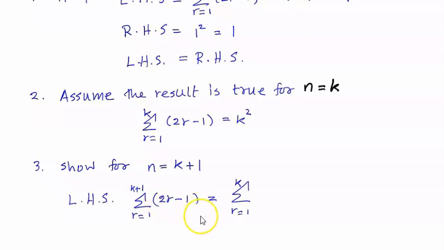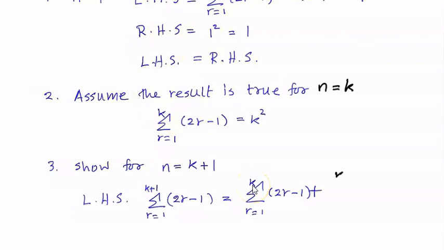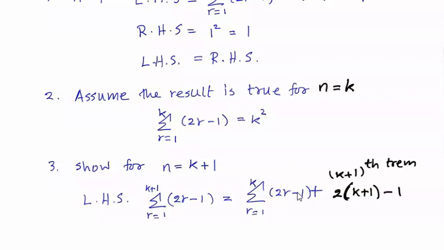So how do I account for that? On the left side I have the sum from 1 to k of 2r minus 1, but this only takes care of up to k. So what is the k plus 1th term? That will be 2 times r, where r is k plus 1, and then minus 1.